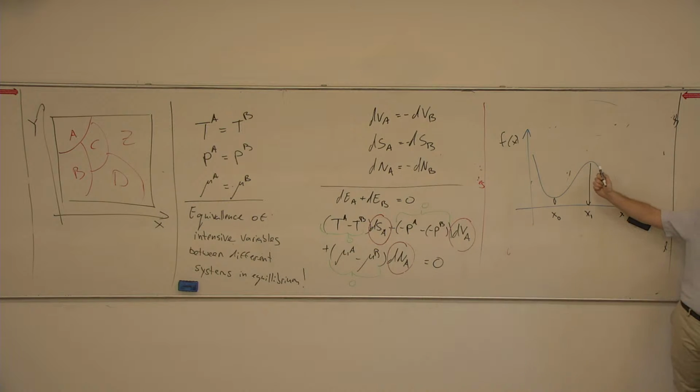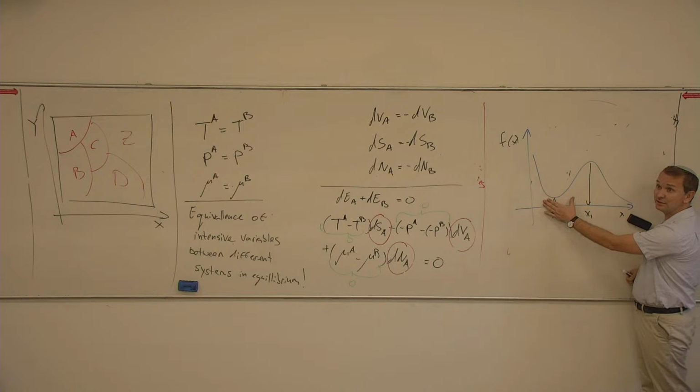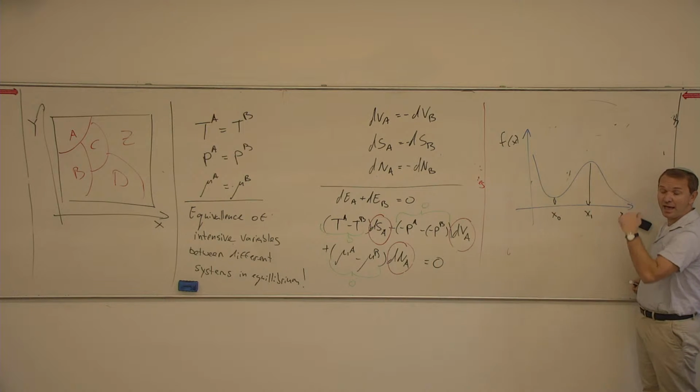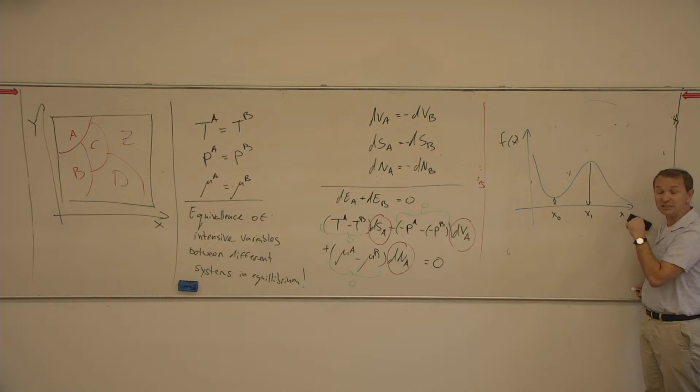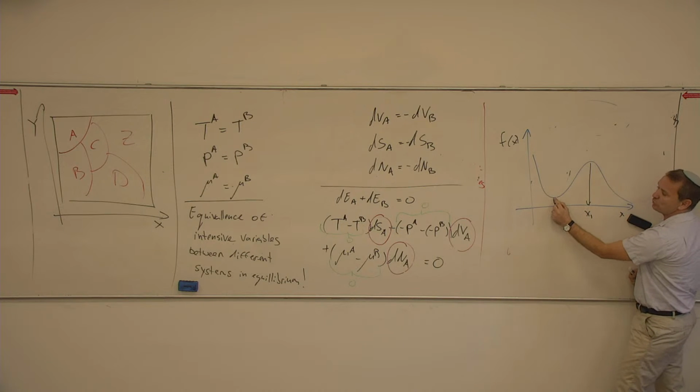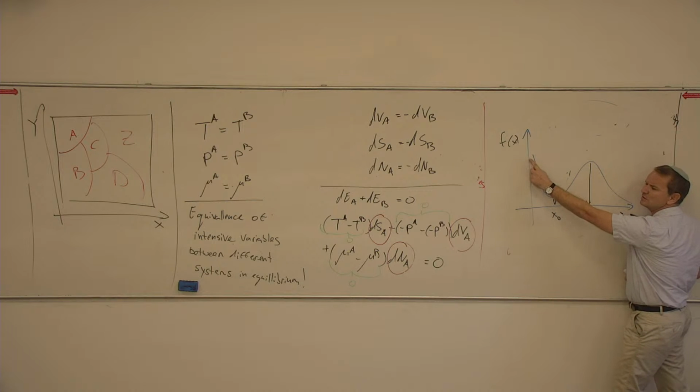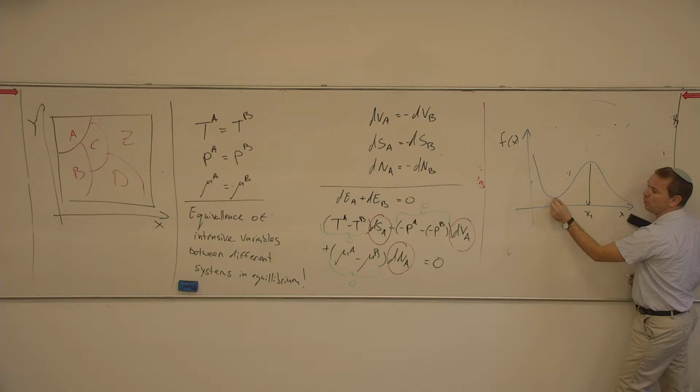The derivative at this point is 0, and the derivative at this point is also 0. But consider the behavior of a particle. If you assume that this is the energy, and you go back to mechanics 101, and you take your system and pick a ball, let's assume that this is a potential energy. You put your ball exactly at this point, it's going to be stable.